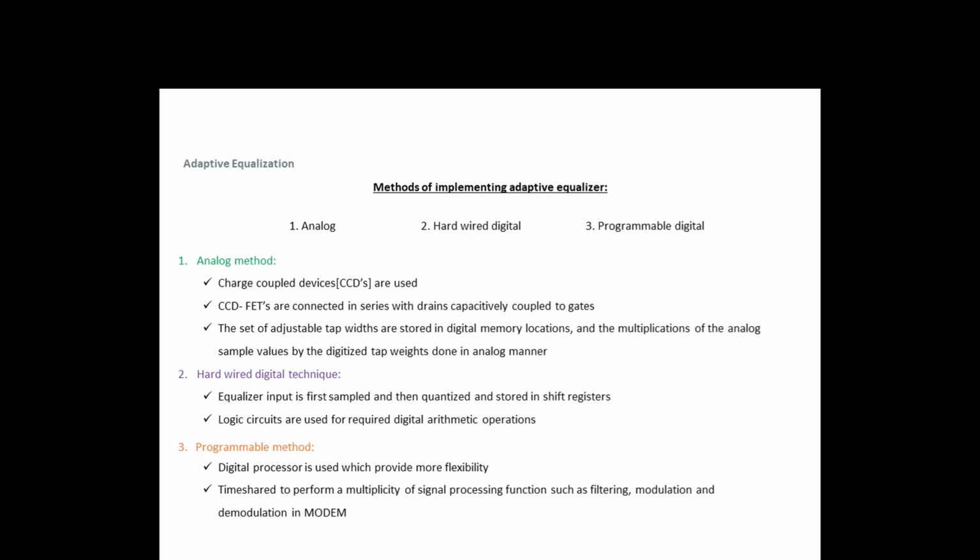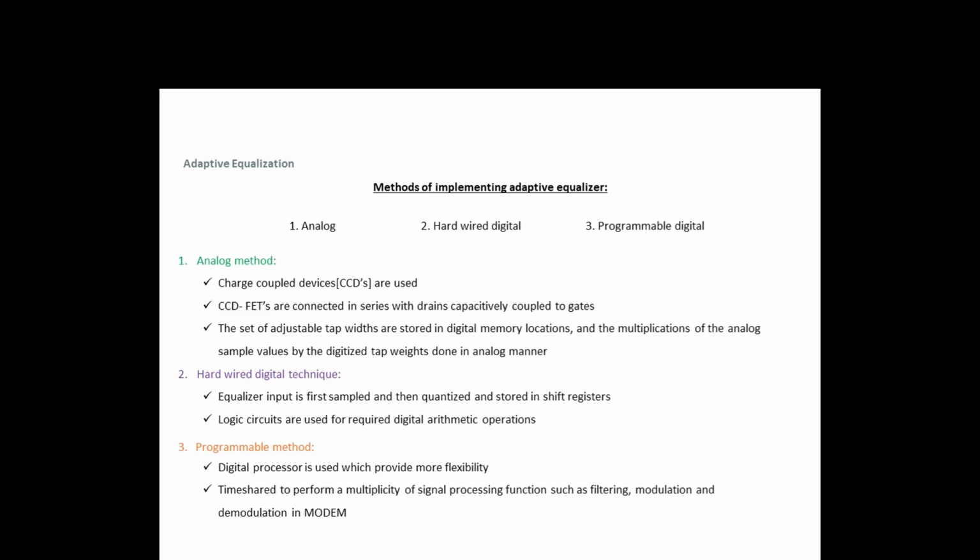Methods of implementing an adaptive equalizer. How can we implement the equalizer? We can use analog, hardwired digital, or programmable digital methods. In the analog method, charge coupled devices, CCDs, are used.